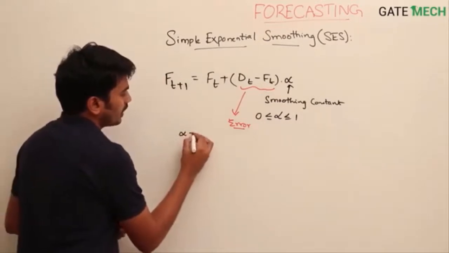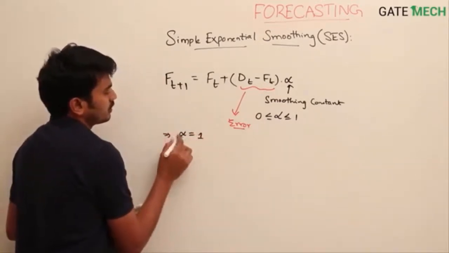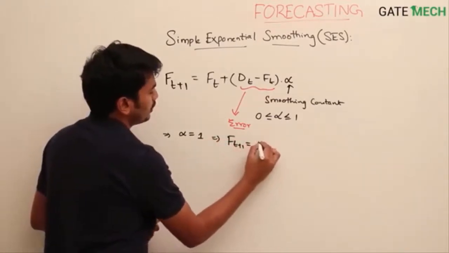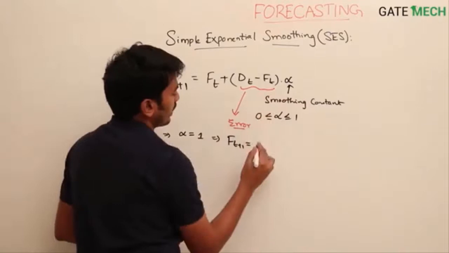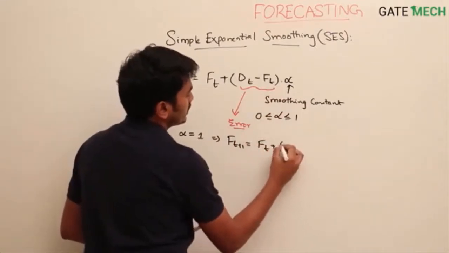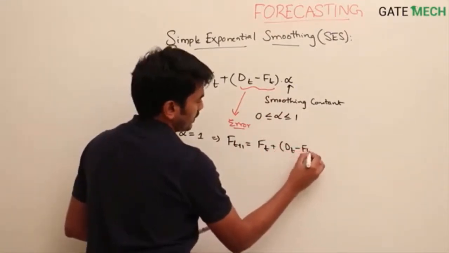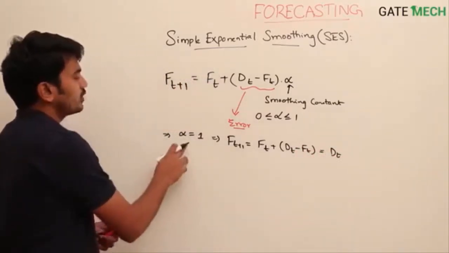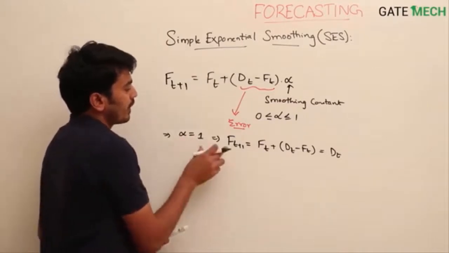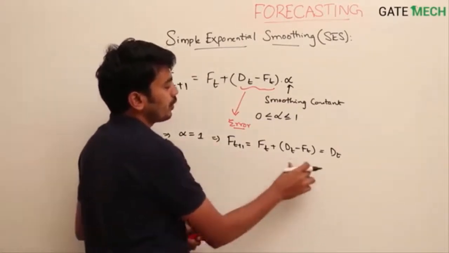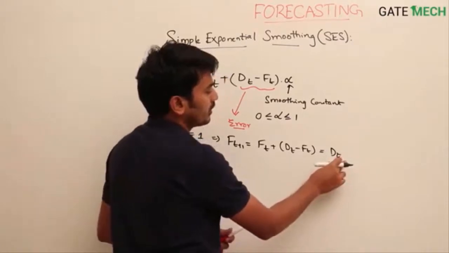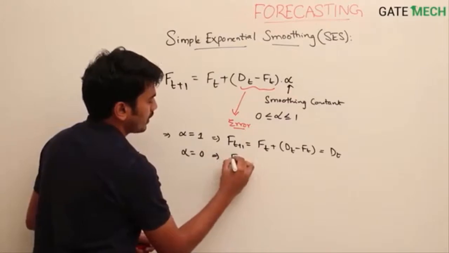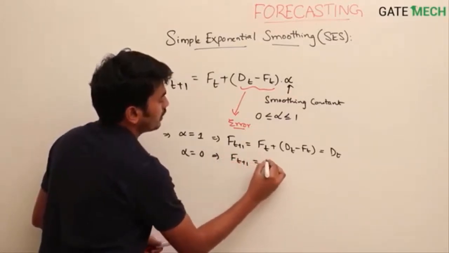So if alpha equals 1, this implies ft plus 1 equals ft plus dt minus ft, which gives us dt. That means when alpha is close to 1, the next forecast gives more weightage to the current demand, whereas in case of alpha equal to 0, ft plus 1 equals ft.